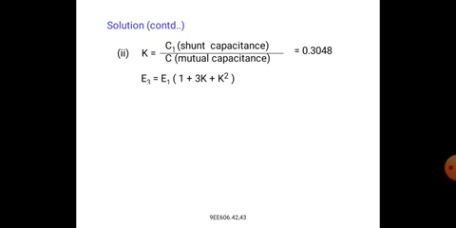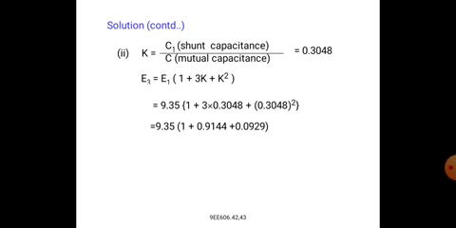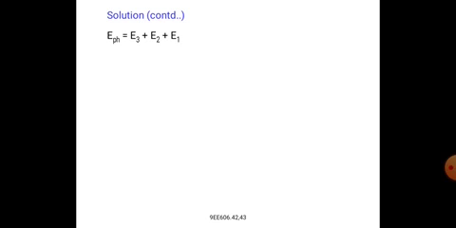Substituting the value of K, that is 9.35 into (1 plus 0.9144 plus 0.0929), which is equal to 18.768 kV. So E3 is 18.768 kV, and we know the values of E1, E2 and E3.